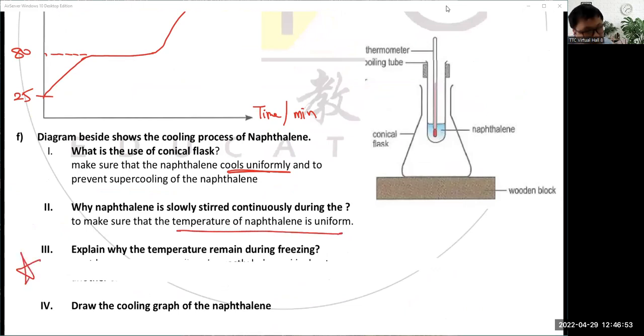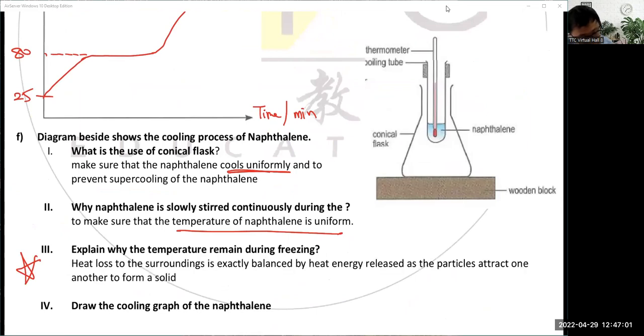This one will always either ask you why the temperature will remain the same during heating or why the temperature remains the same during cooling. So this is another answer. So you have to have all this answer. The heat loss to surrounding is exactly balanced by the heat release as the particles attract one another to form a solid.